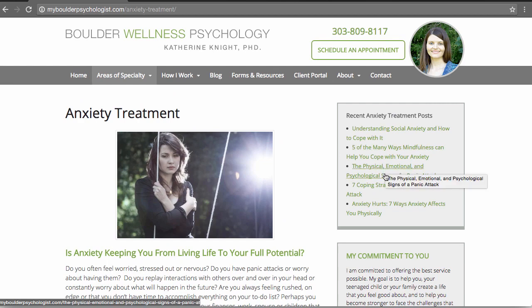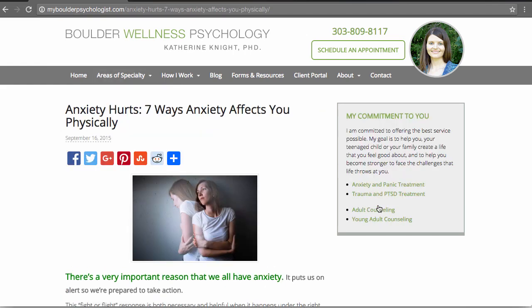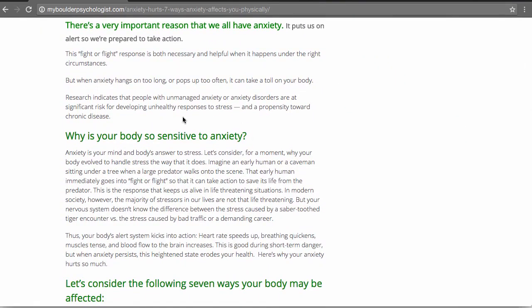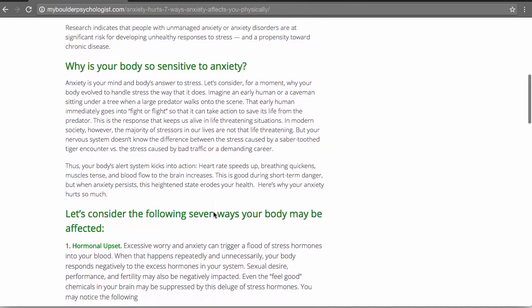Oh, this is interesting. Anxiety hurts. 7 ways anxiety affects you physically, right? Okay, blog post right here. Physical, emotional, psychological signs of a panic attack. But anyway, they're actually talking about physical stuff here. Oh, look at this. Wow, this might be right on. Why is your body so sensitive?